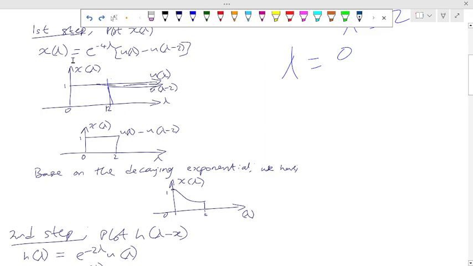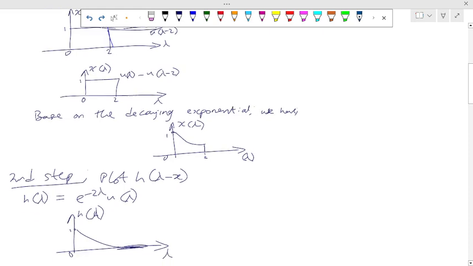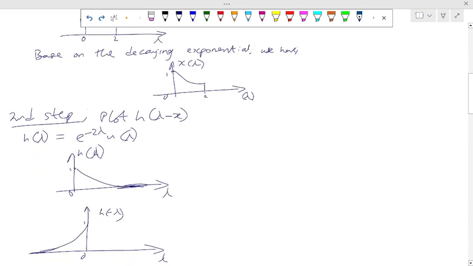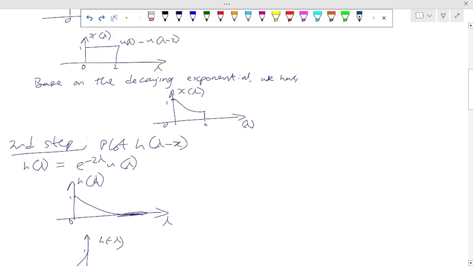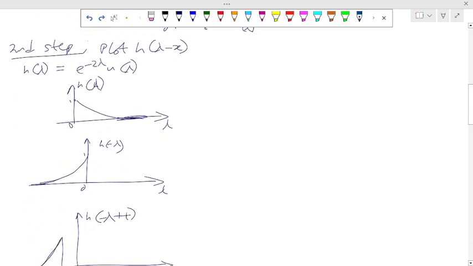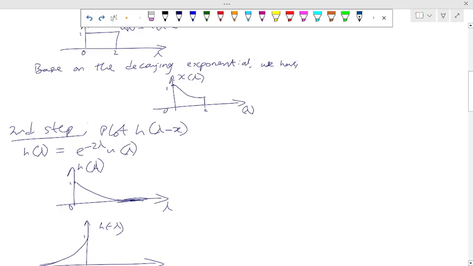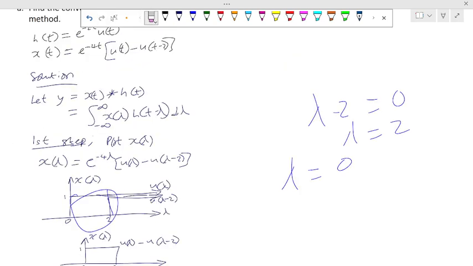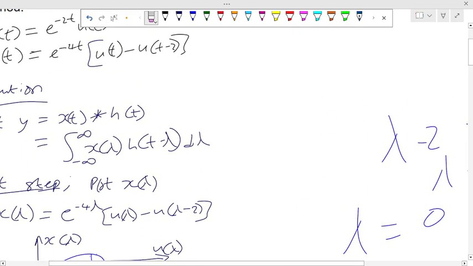Now the next step is to plot h of lambda minus t. Not minus x, minus t, please. Let me make that correction quickly.